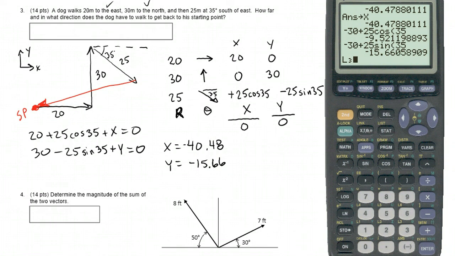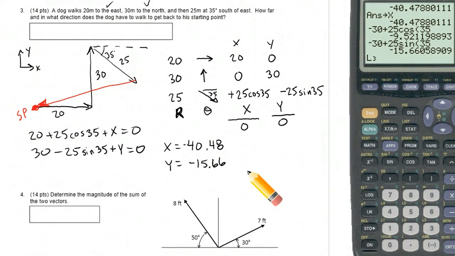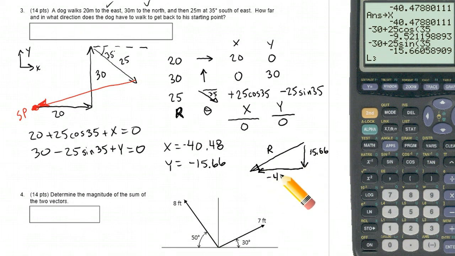Okay, how far and in what direction? I'm going to redraw my vector right here. So there's the vector I'm trying to find, r. And I go minus 15.66 in the y, minus 40.48 in the x.